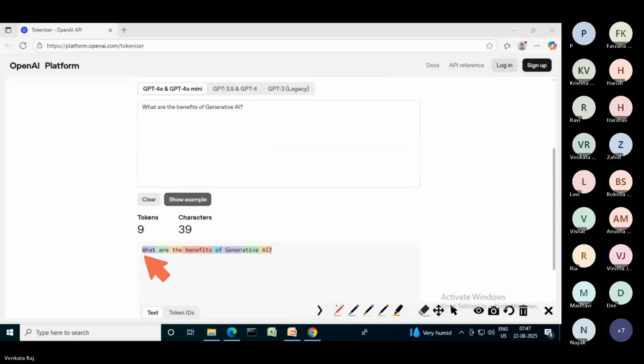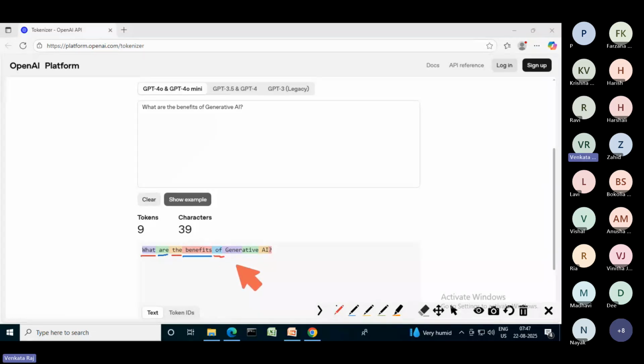So see, what is one block, and then space and are is another block. Then space and the is another block. Then space and benefits is another block.